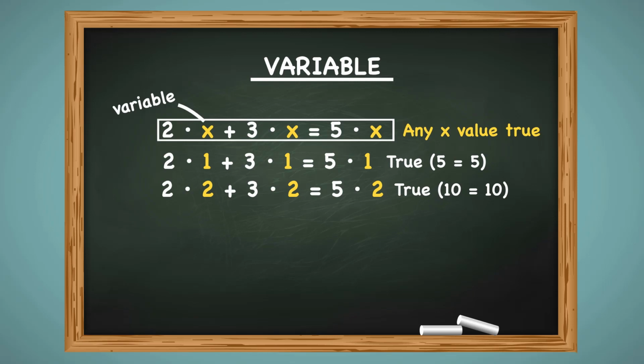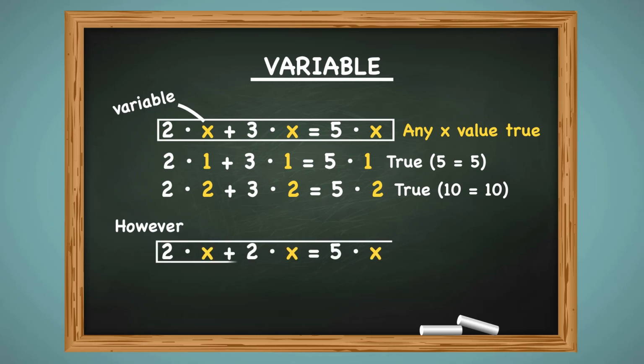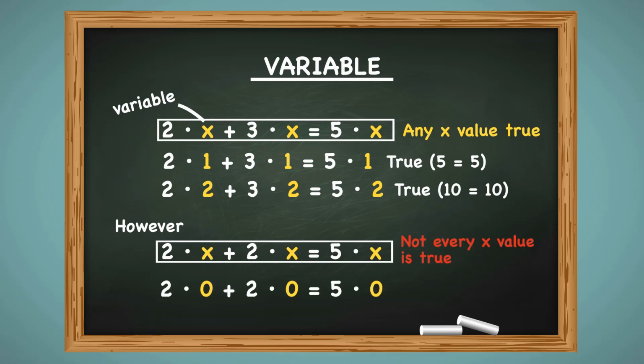On the other hand, the equation 2 times x plus 2 times x equals 5 times x is not true, because it's not true for every number of x. We can see that for x equals 0, the equation 2 times x plus 2 times x equals 5 times x is true, because it would be 0 plus 0 equals 0, but that's accidental.